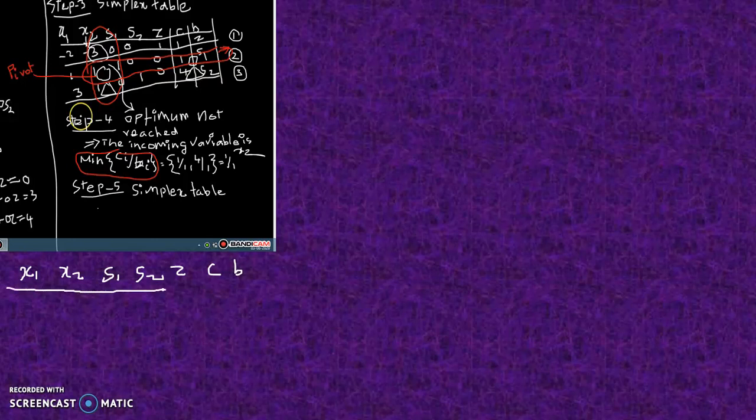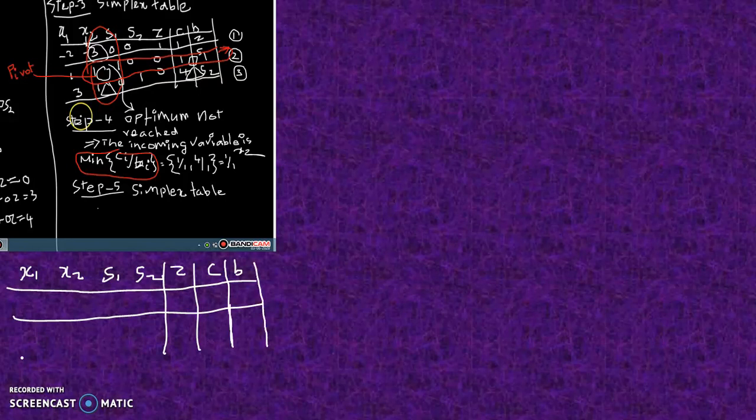You draw the line like this, and this is another objective function line. Take a column like this to show the constants and basic variables.